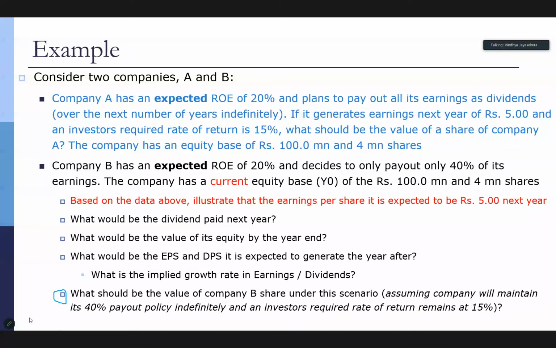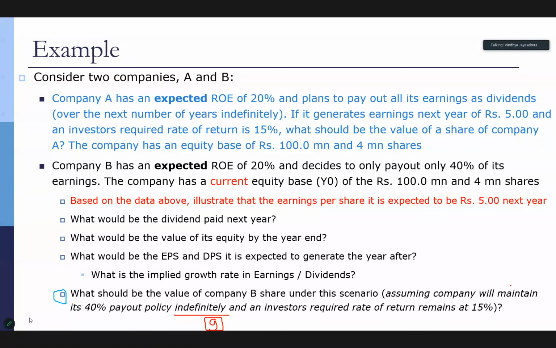Okay. So what do we do? It's a simple calculation because the company will maintain a 40% payout policy indefinitely. Indefinitely means there is a constant growth rate. My growth rate will not change with time.